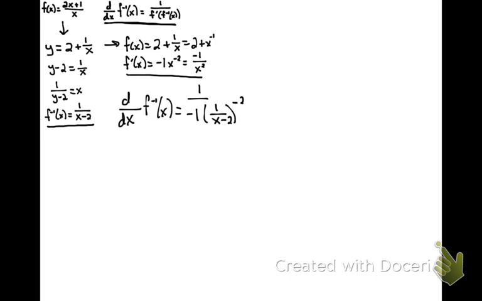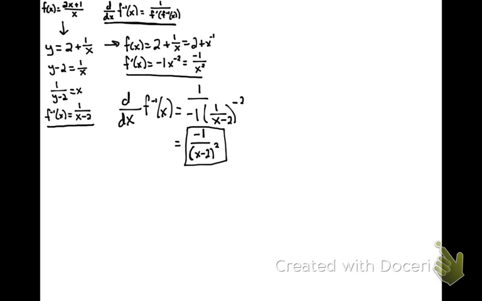And if I clean this up a little bit, first, I'm going to bring the negative up top. The negative 2 exponent means to take the reciprocal of the base. That's why it would be x minus 2 squared. And that is the derivative of the inverse using equation 3.